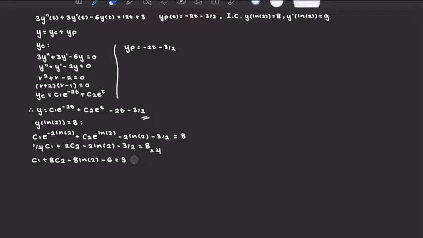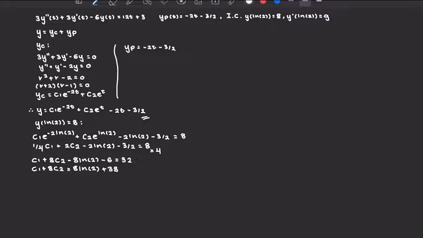And so moving all the constants to the right hand side, we will get C1 plus 8C2 equals 8 ln2, 6 plus 32 is just 38.